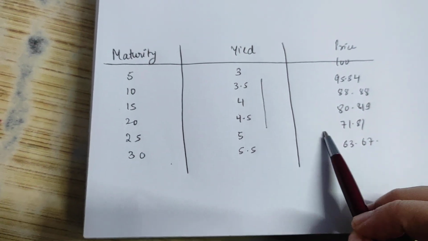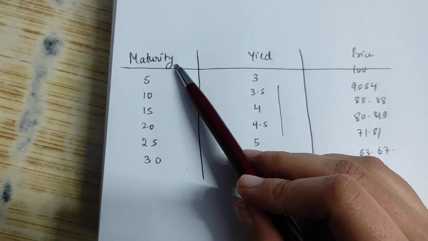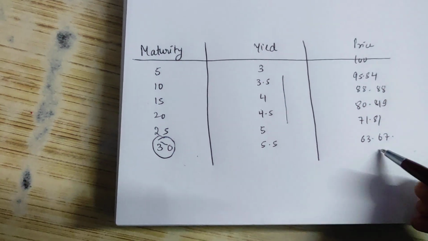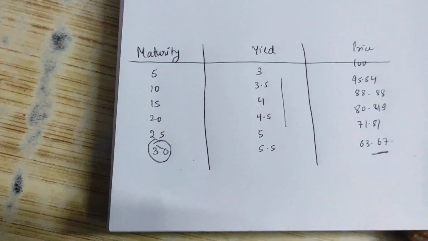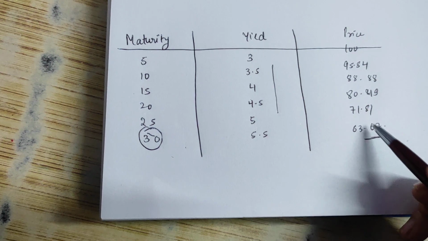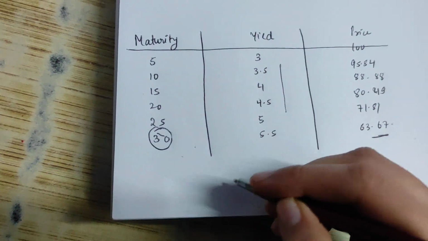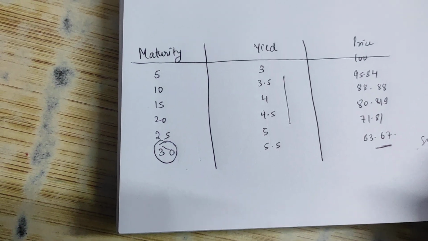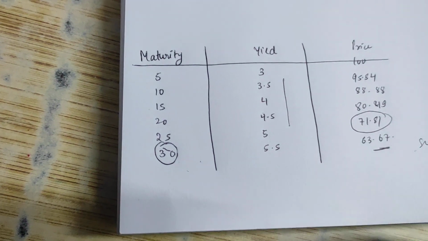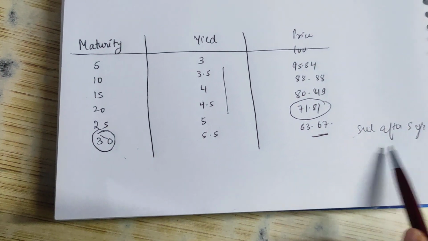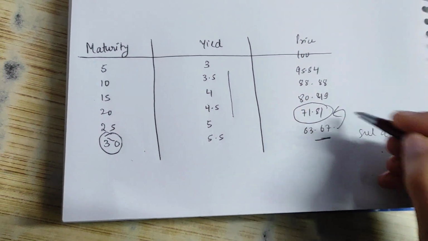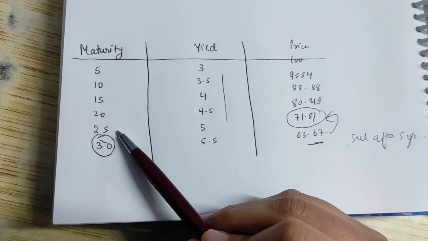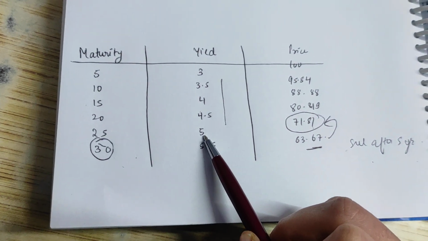But what I'm trying to say is, if an investor purchases a 30-year bond at a price of 63.67, and after 5 years he sells the bond, he will sell at 71.81, because after 5 years the bond will have 25 years of maturity with a yield of 5%.